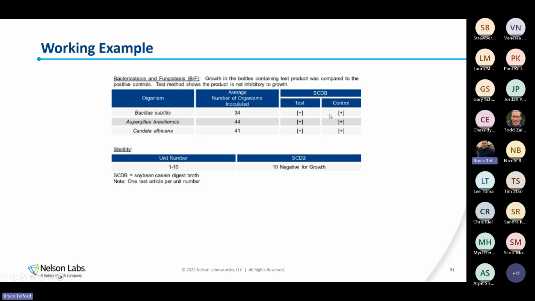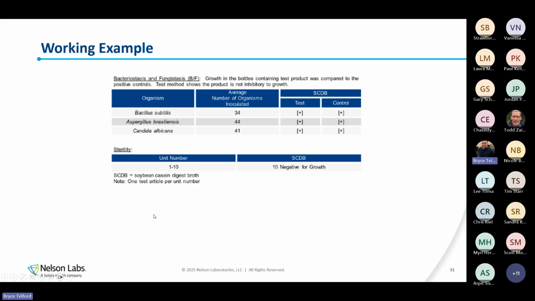So if we have a control failure, that's usually an indication that something bad happened on the laboratory side and we need to retest. The main one is if you have a negative on your test, that generally means your product is inhibitory as tested. So we need to neutralize, dilute, or something along those lines. Then that's going to lead into your sterility testing.